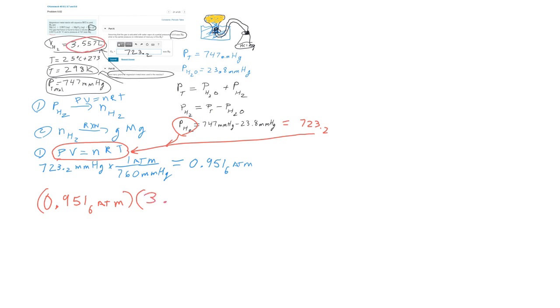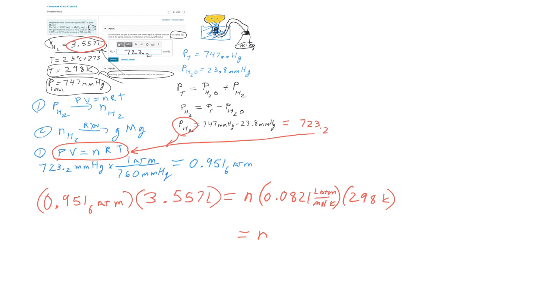This was given to us in the problem, 3.557 liters. We now need to solve for the number of moles. 0.0821 is our constant, in liters, atm, moles, Kelvin. And our temperature, 298. Solve for n by dividing both sides by 0.0821 and 298.